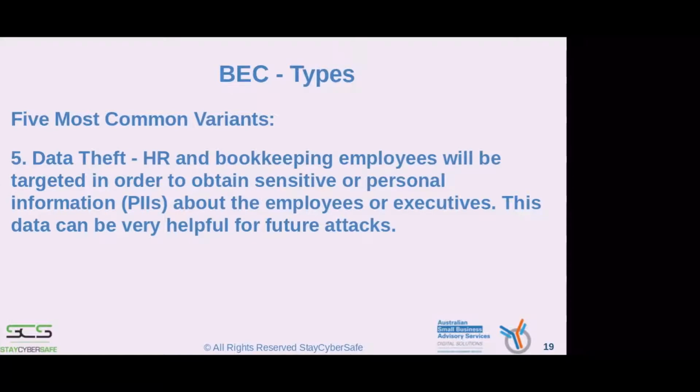Because HR has details such as employees' banking details, payslips, and the scammers will try to steal this information and use it against those people. So this data can be very helpful for future attacks. Whatever information has been stolen by the scammers, they will use to do further attacks and of course get more money from other people.